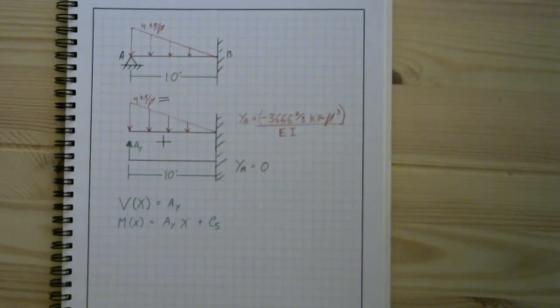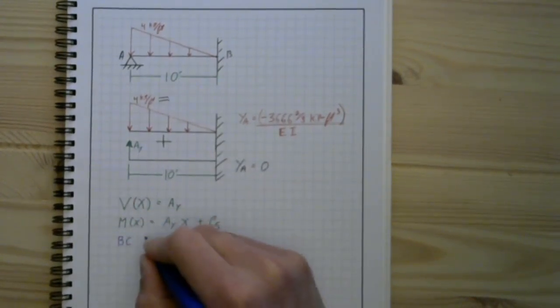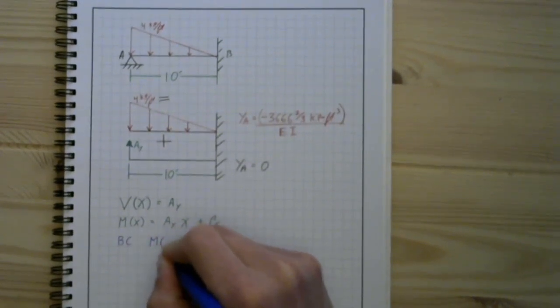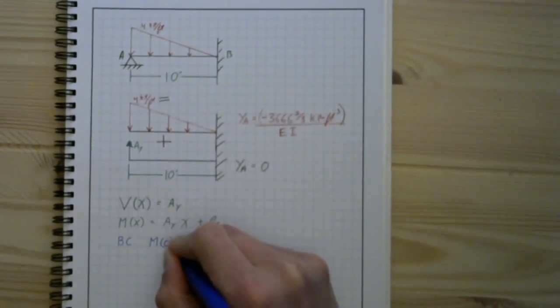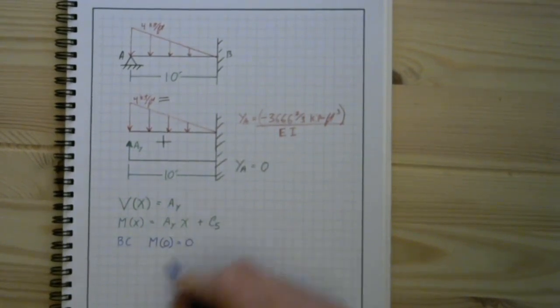But of course we have a boundary condition at A, and that boundary condition is that the moment at A, or at X equals 0, better equal 0. Because, well, it's a free end. If it's a free end, there's no inside for there to be internal moment.